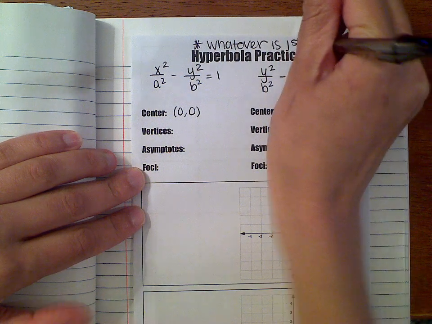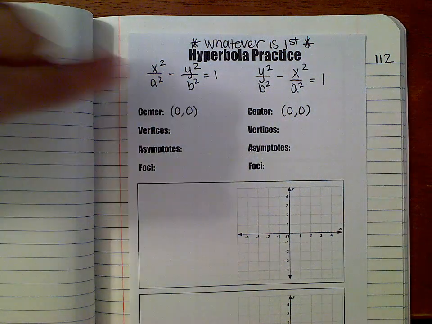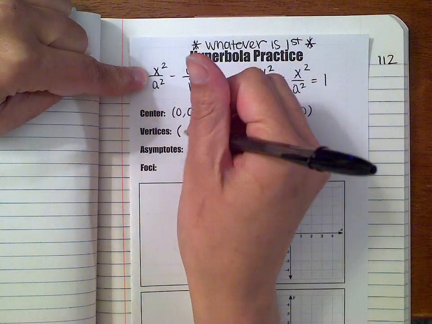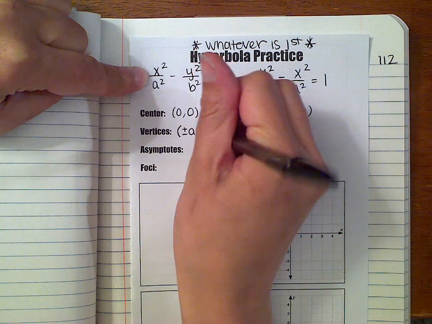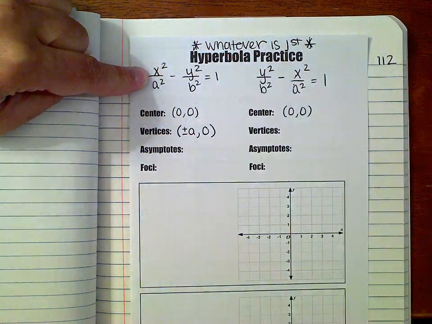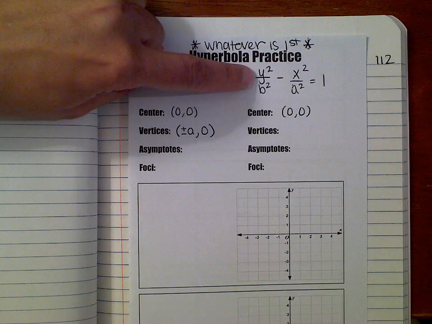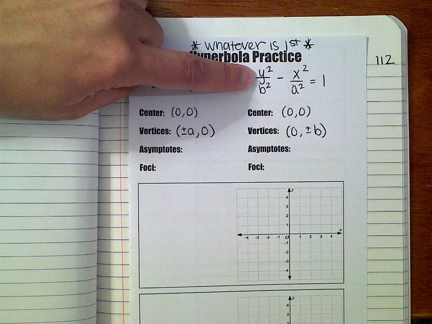With ellipses, it's whatever's larger. With hyperbolas, it's whatever's first. Here, since x is first, my vertices will be on the x-axis at plus or minus a, comma 0. Over here, because y is first, we'll be at 0, comma plus or minus b.